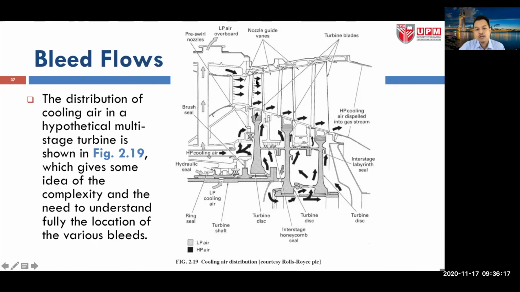They also need to know the mass flow rate, the velocity, the impingement velocity, the cooling effectiveness, and the heat transfer coefficient, which need to be mapped in order to ensure proper cooling for the blades.